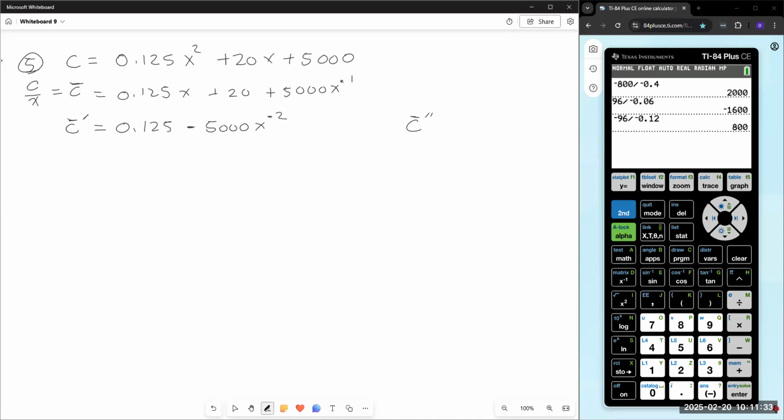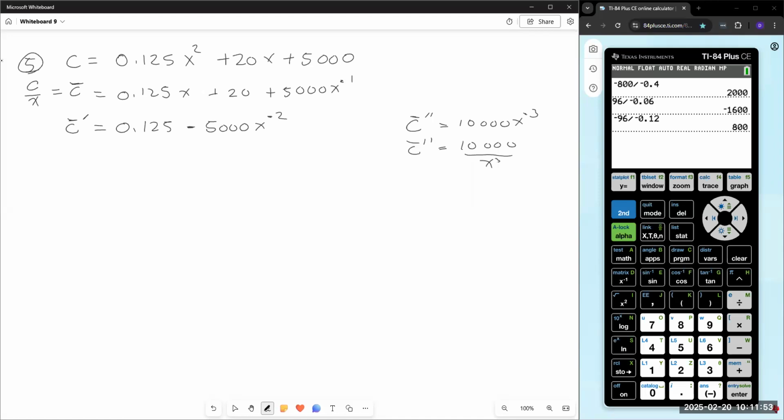So this is going to be a negative times a negative will be a positive, and that will be 10,000 x to the negative third, or that will be 10,000 over x to the third. So C bar double prime is that.